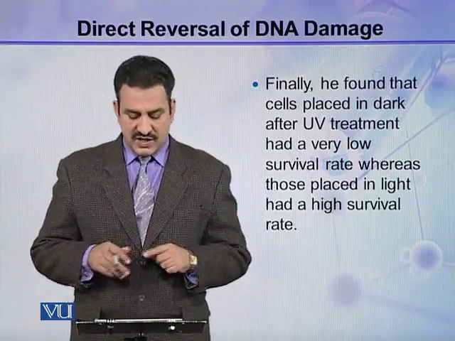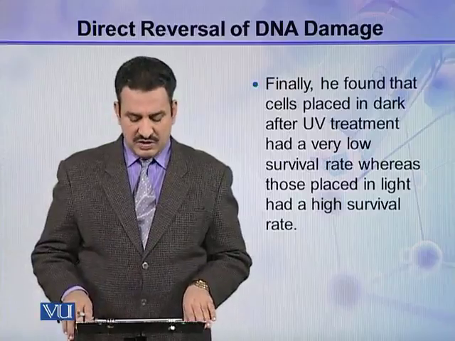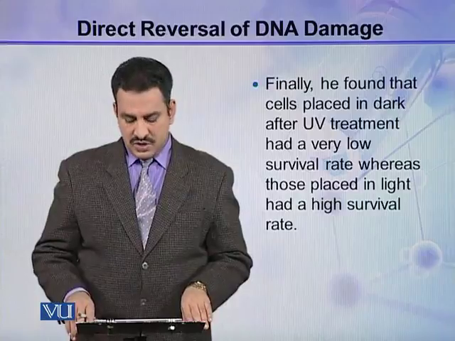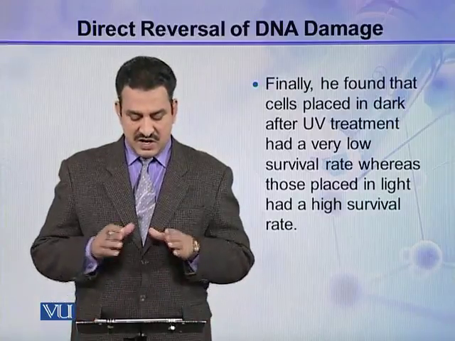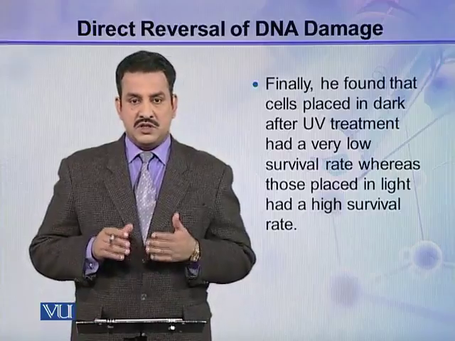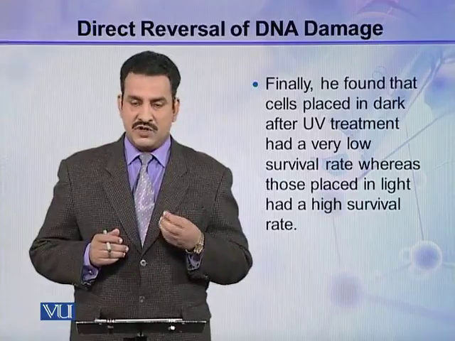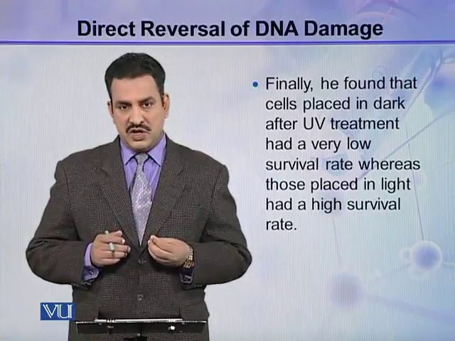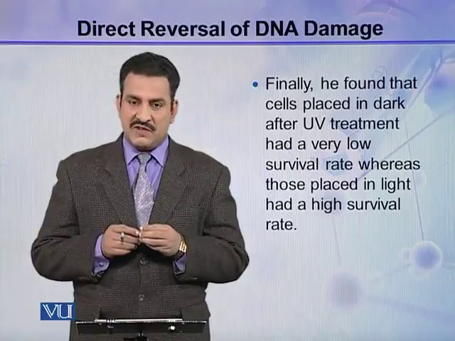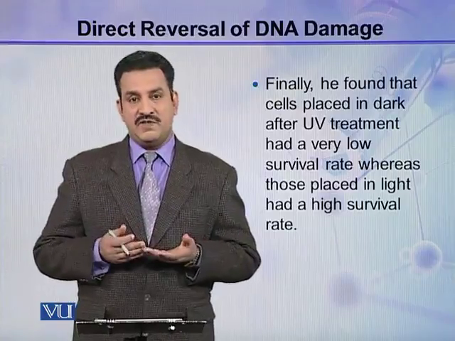Finally, he found that cells placed in the dark after UV treatment had a very low survival rate, whereas those placed in light had a high survival rate. That means the bacteria which were mutated after UV irradiation, and then placed in light, survived.